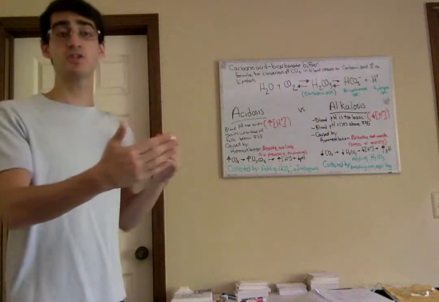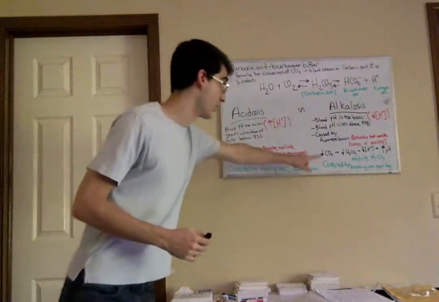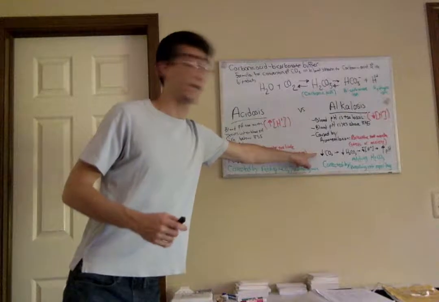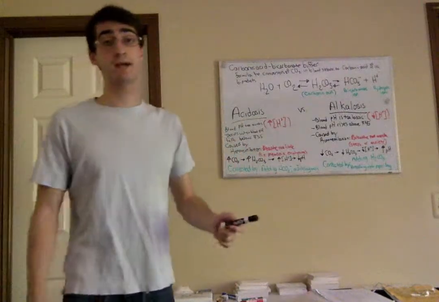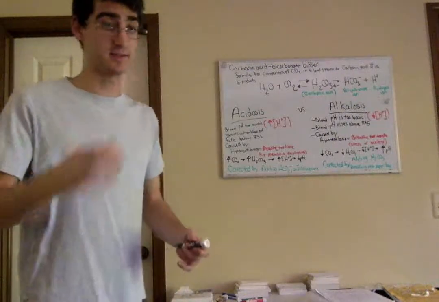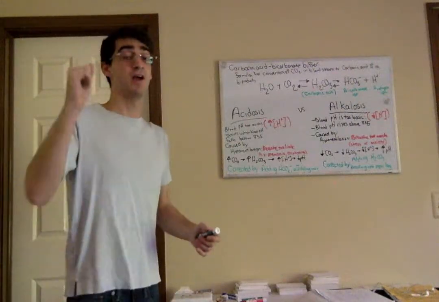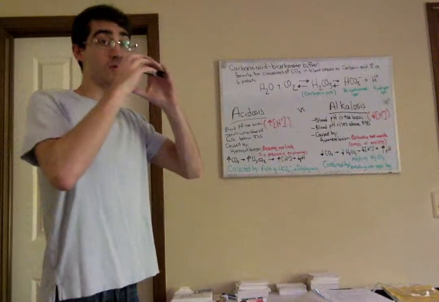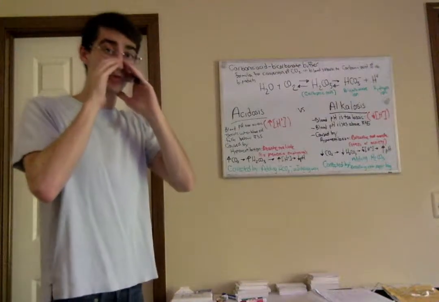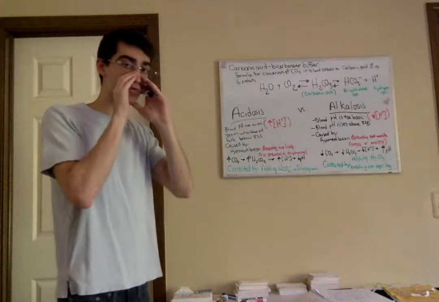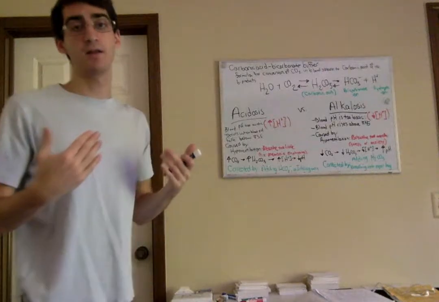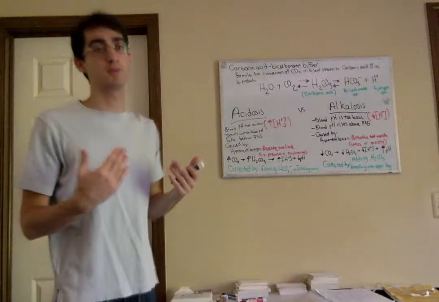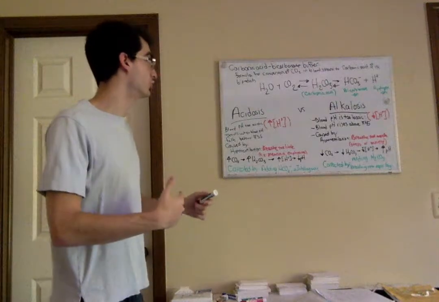You're breathing out way too much CO2, and your body says, hey, you know what? CO2 isn't bad in this case. I want some CO2. When you blow into a paper bag, you're blowing the CO2 into the bag, and then you're breathing the CO2 back in. So that's one solution to it.